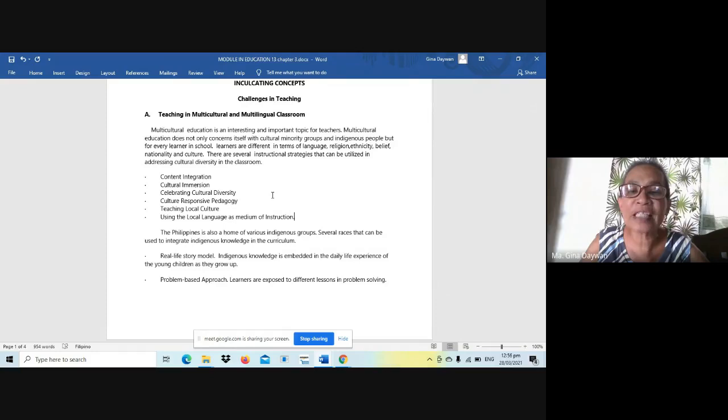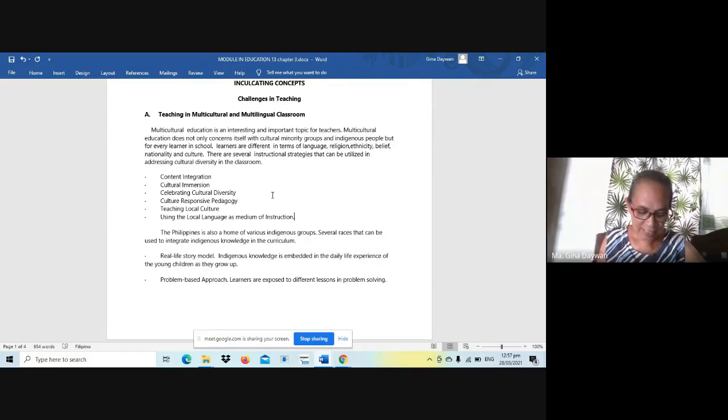Learners are different in terms of language, religion, ethnicity, belief, nationality, and culture. As I have said, they differ in terms of language, religion, ethnicity, belief, nationality, and culture.